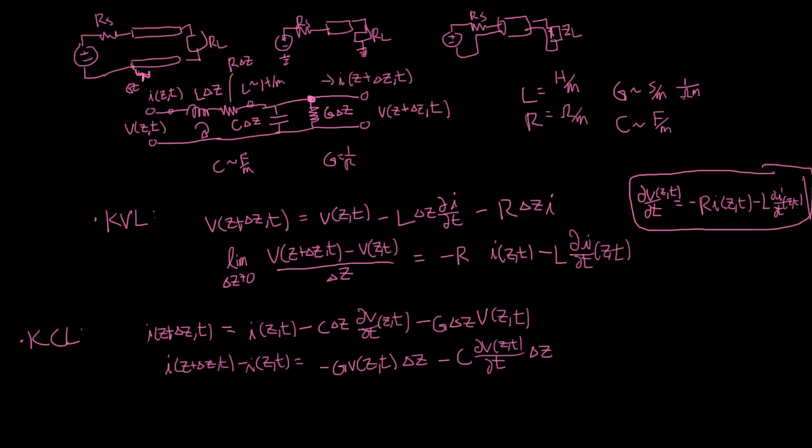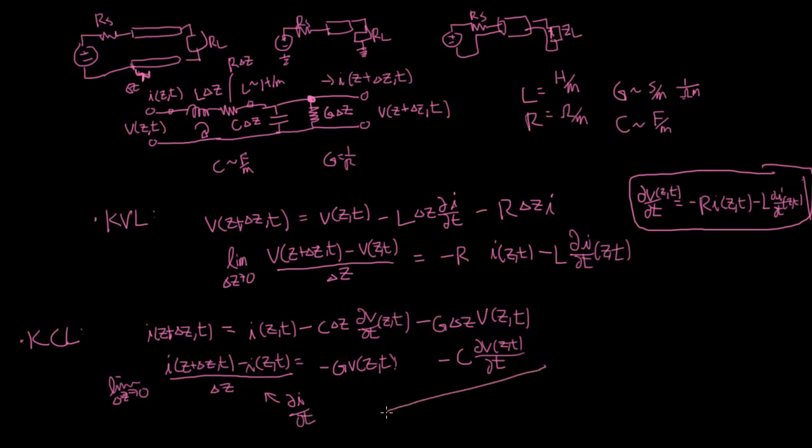Just like what we did last time with Kirchhoff's voltage law, we're going to move the delta z over, and then take the limit of delta z goes to 0, so that we are dealing with a very small portion of transmission line, in which case this now turns into the partial derivative of I with respect to z.